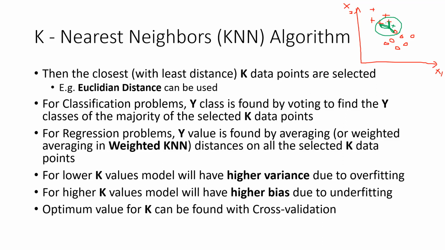We take the averages of the data points to get the regression value for x. If they are far away, we can have a lesser weight, and if they are nearby, a higher weight for each of the data points, right? That is how we find the regression value.